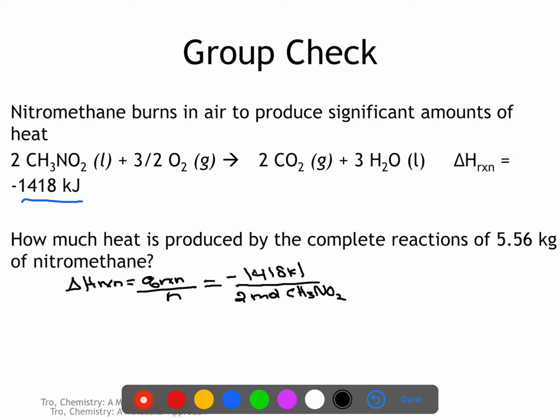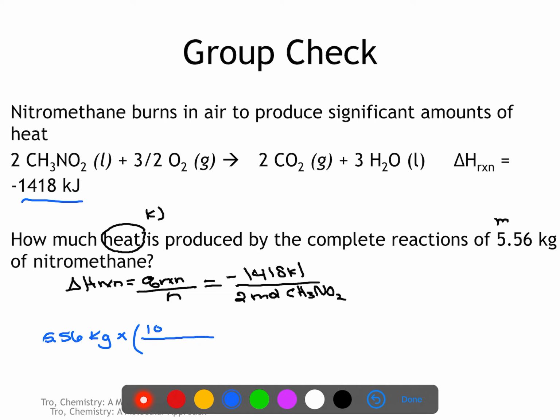So I want how much heat. That means I want to get rid of the moles, so I just want kilojoules here by itself. And I'm given my mass. So I have to take my 5.56 kilograms and convert to moles so that I can then cancel out the moles.